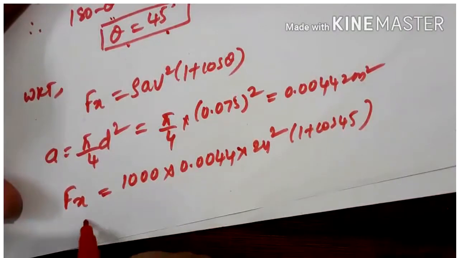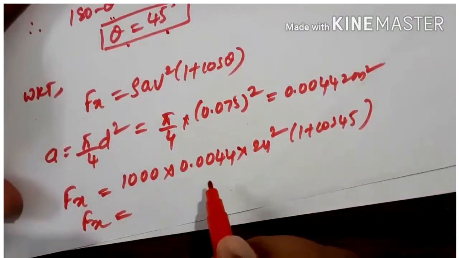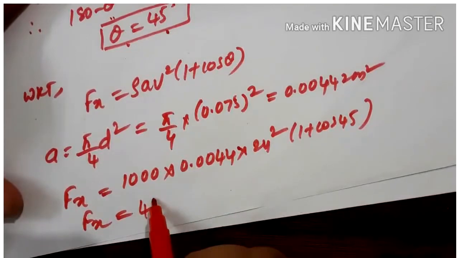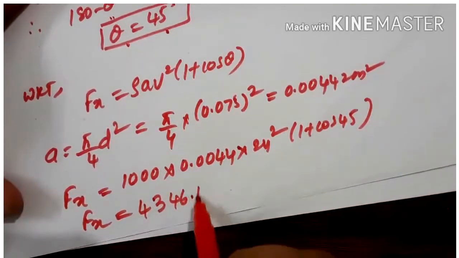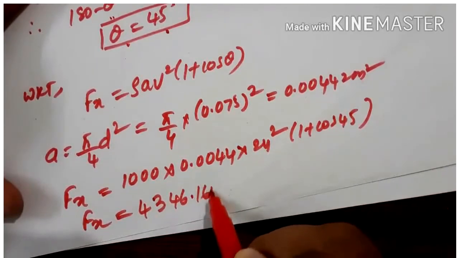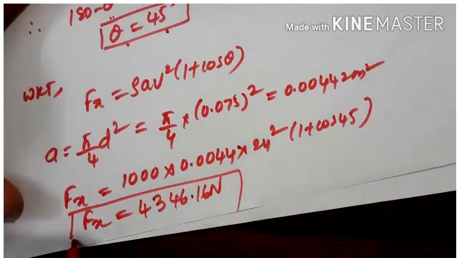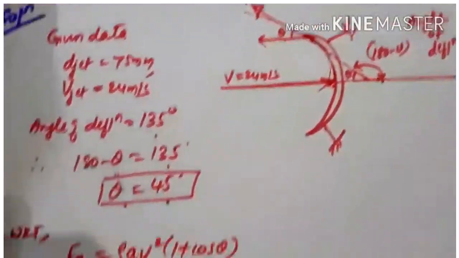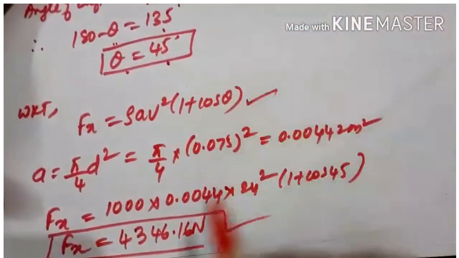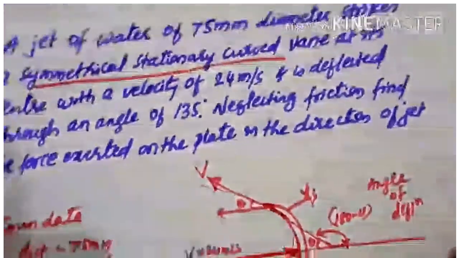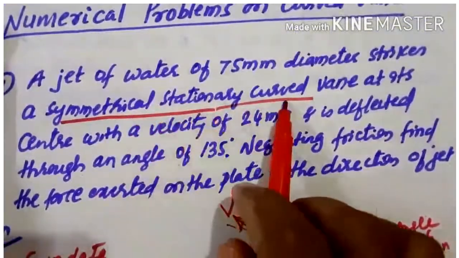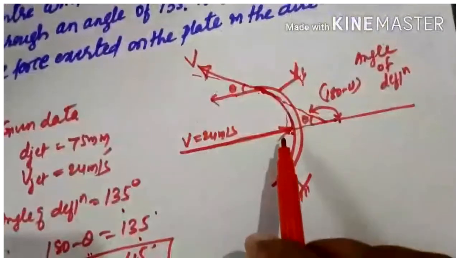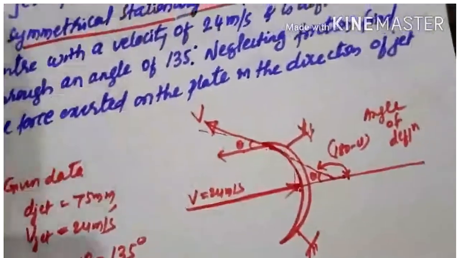Then simplify this, and you will get the answer as 4346.16 Newton. This is the answer. The problem is very simple, but you have to remember the equation. In this problem, the symmetrical stationary curved vane is given and the jet was striking at the center. So let us take one more example.